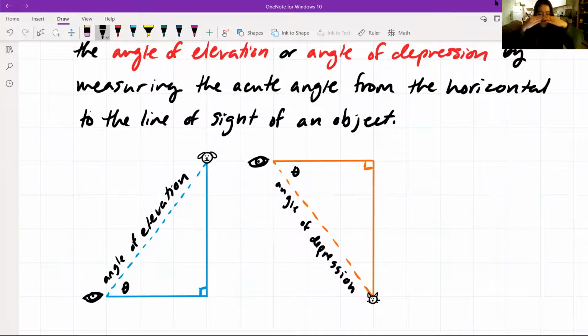So when we look at it, we're looking down, and this line of sight here is going to become our hypotenuse, and then the angle at which, if we were looking straight, but now we're looking down, this angle here is now going to be the angle that we're using in our angle of depression. So this would be the angle that we would use in order to find the values. So this being the angle that we would use in order to find opposite, adjacent values of hypotenuse, and also your angles.